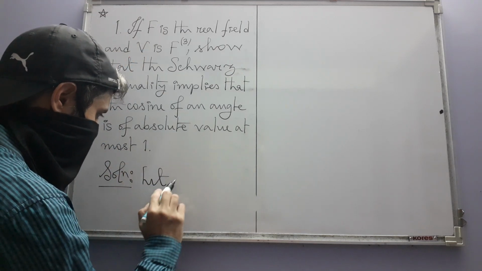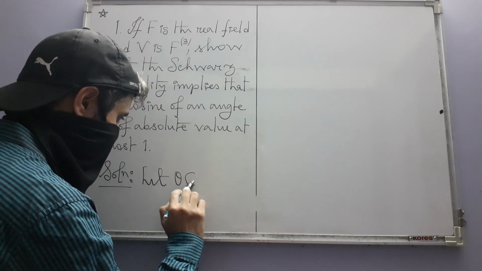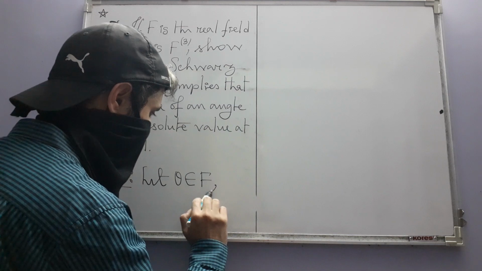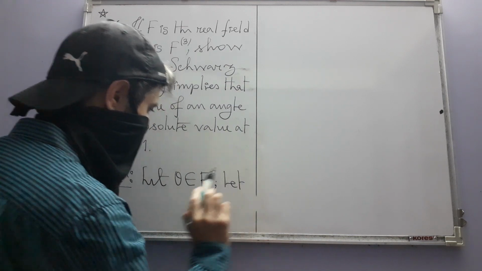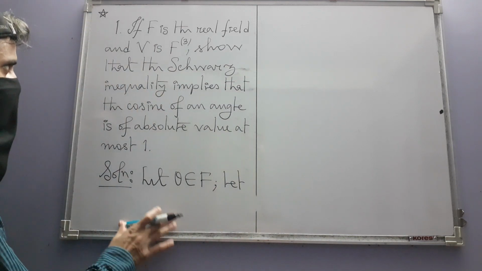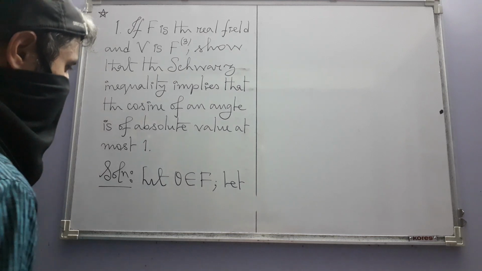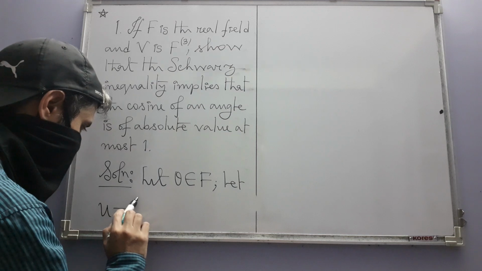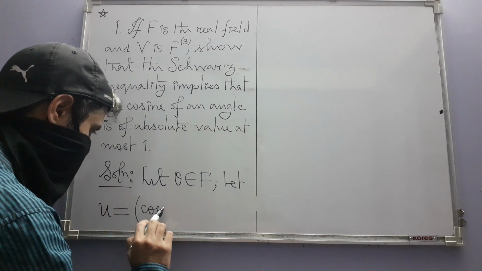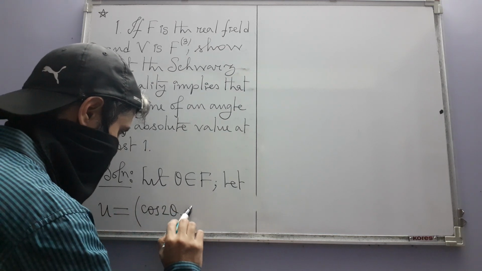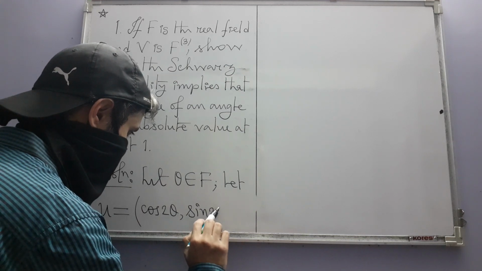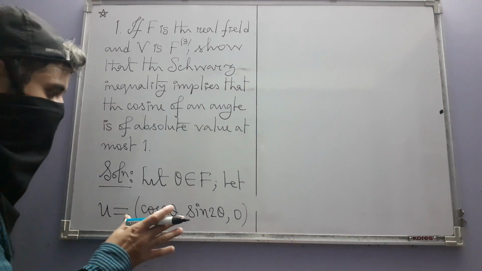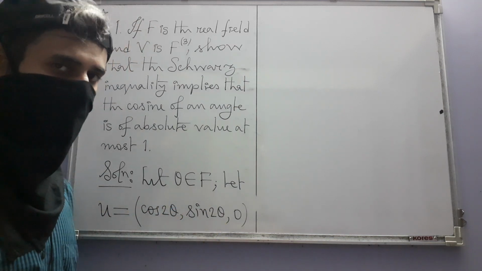So let us start the solution by considering any real number theta. And now we are going to consider 2 vectors in our vector space, one of which is u = (cos 2 theta, sin 2 theta, 0). Keep in mind that these vectors have to be ordered triples of real numbers.